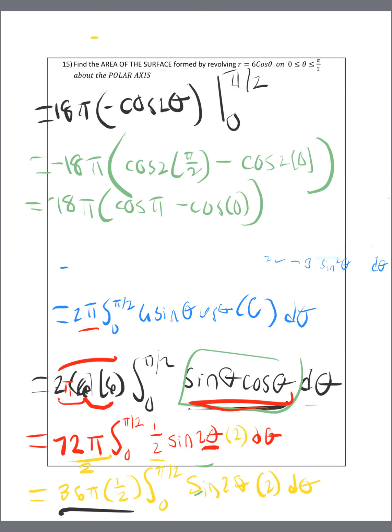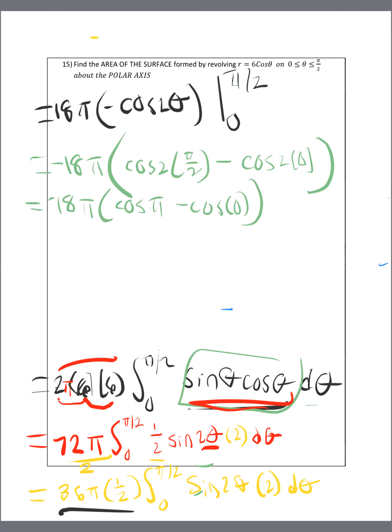So cosine of pi is negative 1. Cosine of 0 is 1. So when you plug this in, negative 18 pi, like I said, that's negative 1. This is just a regular 1. You have negative 18 pi times negative 2, which is just positive 36 pi, and that's your answer.